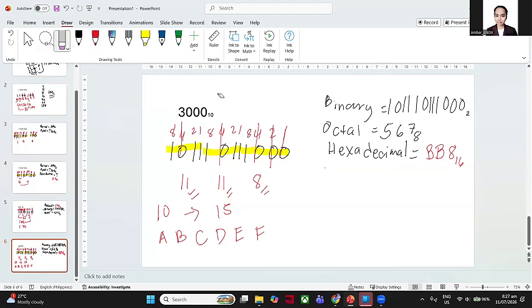So that's it for our decimal to binary, decimal to octal, decimal to hexadecimal.